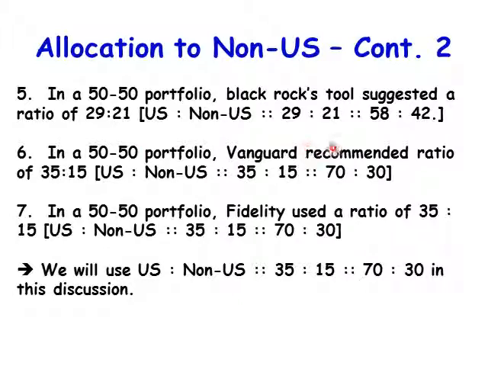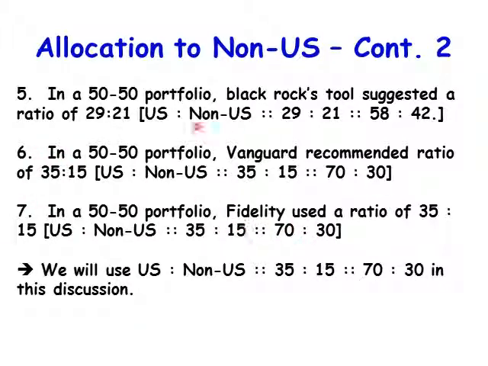In a 50-50 portfolio, Vanguard recommended a ratio of US to non-US 35 to 15, which is the same thing as 70 to 30, 70% to US and 30% to non-US. In a 50-50 portfolio, Fidelity used the ratio of 35 to 15, which is the same thing as 70 to 30.